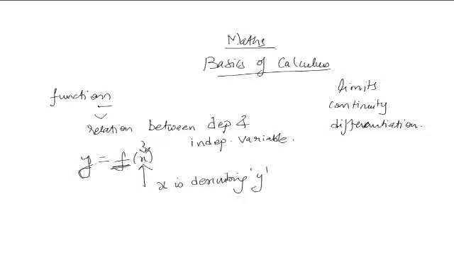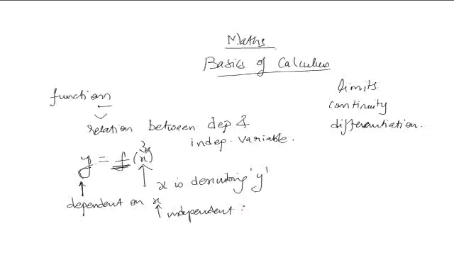Correct? So it's something like we are putting a constraint on y that you can take these values only. So y is dependent on x and x is independent. What do I mean by this?